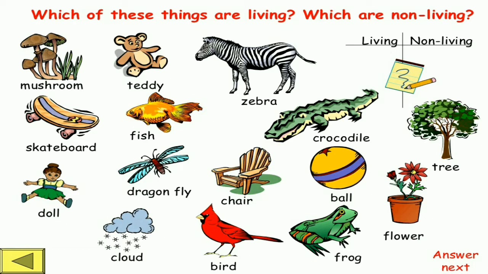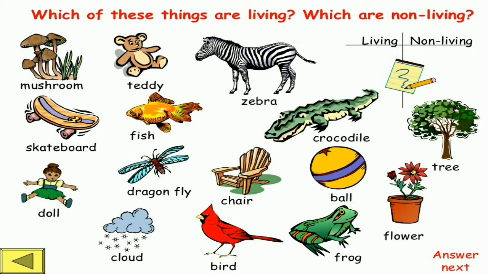So here we can see many various types of things, which are living and non-living. Here we can see a mushroom. A mushroom is a living thing because a mushroom can grow. Then the teddy. The teddy is a non-living thing because a teddy cannot grow, cannot eat, and cannot breathe.